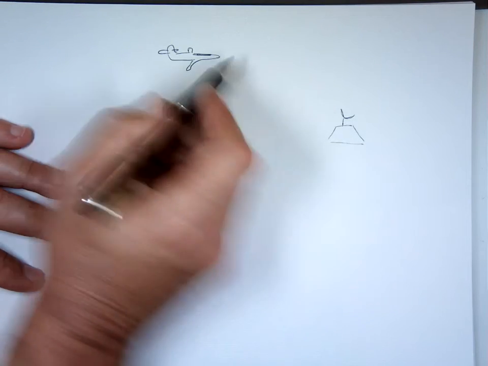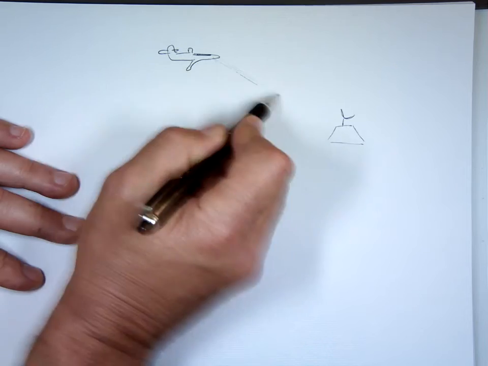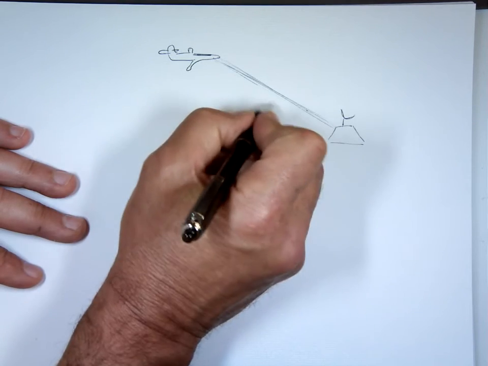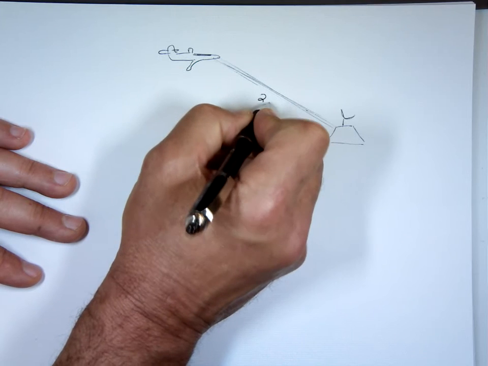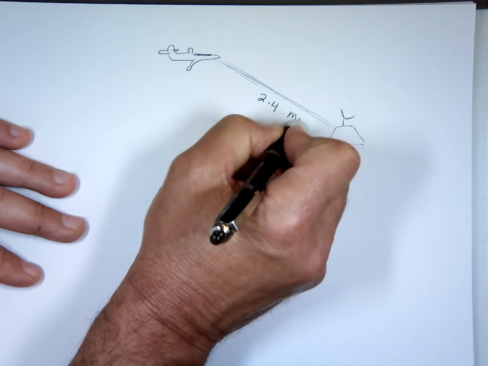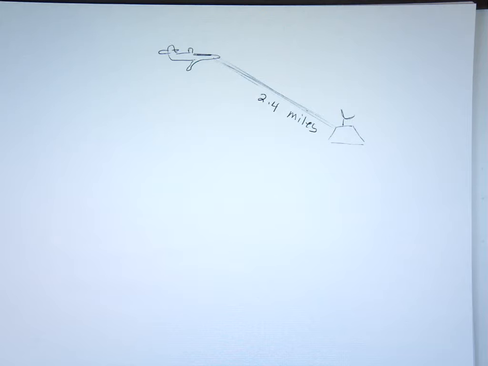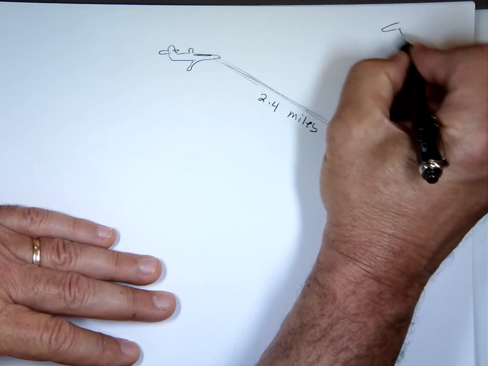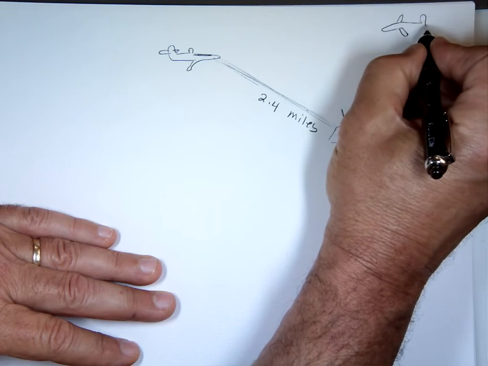An airplane is talking to that tower, and the tower knows that aircraft is 2.4 miles away from him. That distance. The tower is also talking to another aircraft a little bit higher than the one. We're not going to make them collide here.